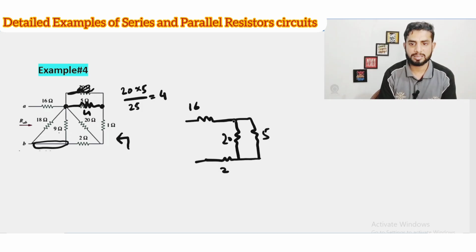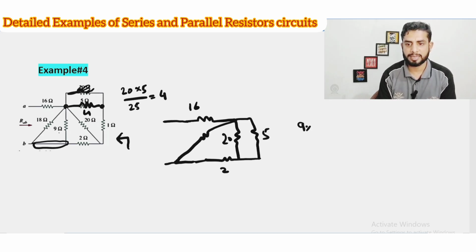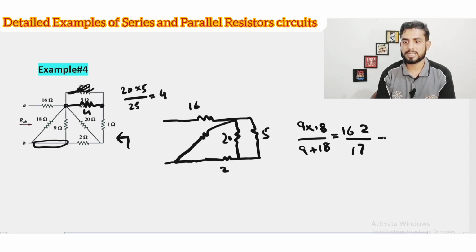Okay, this was the point, and here was the combination resistor of 9 and 18 ohm. 9 and 18: 9 multiplied by 18 divided by 9 plus 18, 162 divided by 27, and you will get the answer of 6. It means you have the 9 and 18 combination as 6 ohm.